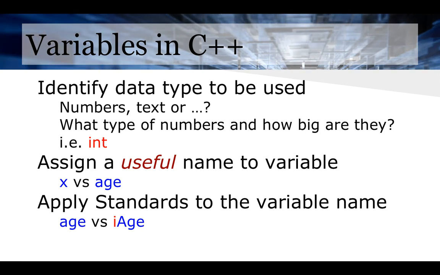Now, are you going to store the age in text or in numbers? Because in both cases, the variable name age lets you know that it's going to store the age of a person, but that's all you know.